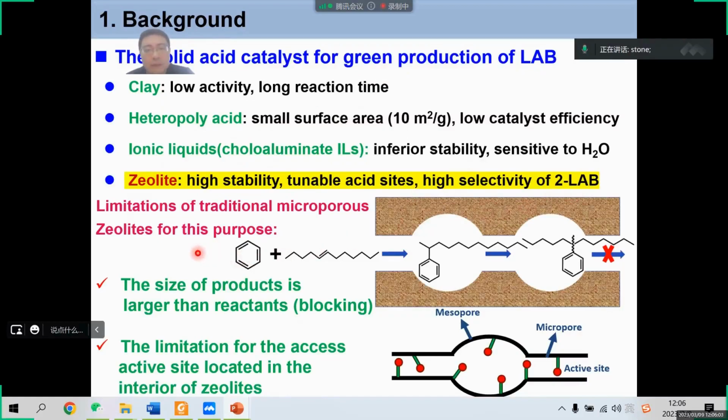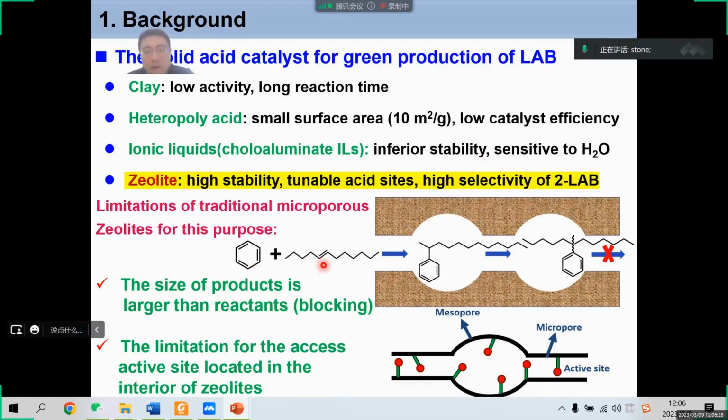But for the alkylation between benzene and dodecene, the size of products is larger than the reactants. That means for the traditional microporous zeolites, a small micropore channel can be easily blocked, resulting in the deactivation of the catalyst.